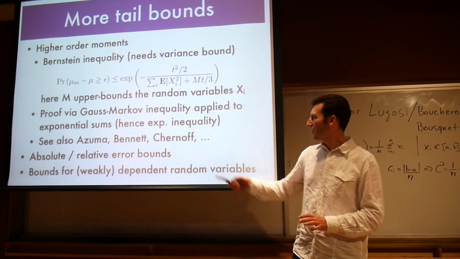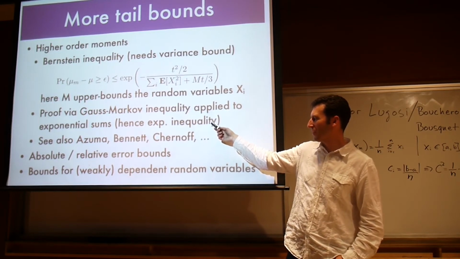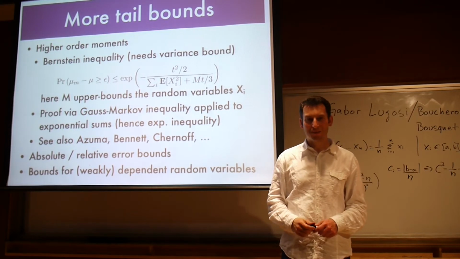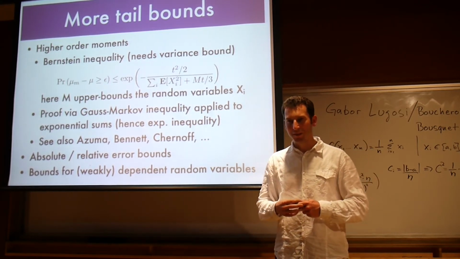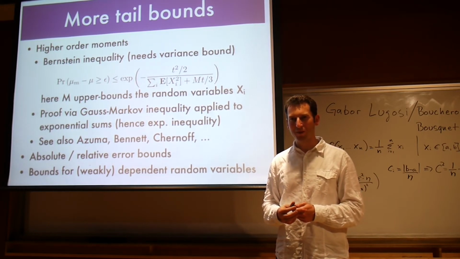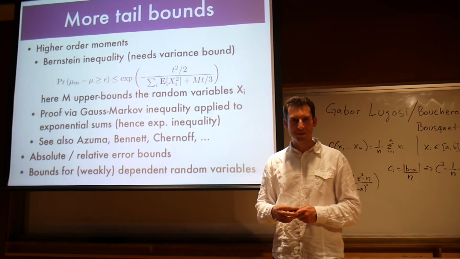As I already mentioned, you can, for instance, prove them through the Gauss-Markov inequality. There is a rather nice synopsis of some of these Chernoff bounds on Wikipedia. There are probably half a dozen different Chernoff bounds that all go under the same name, sometimes with slightly different constants.